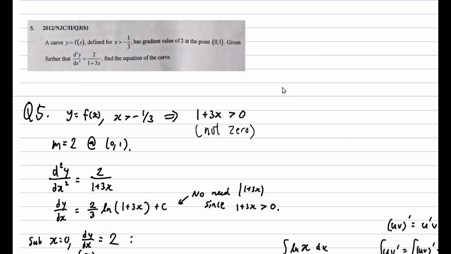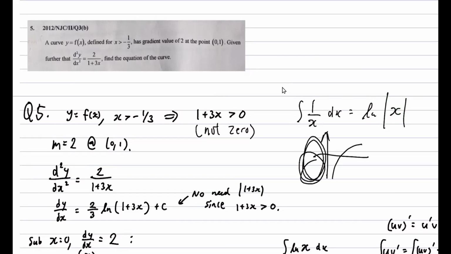Then no need modulus. You don't need to put modulus of 1 plus 3x because 1 plus 3x is already more than 0. Technically, when you take integration of 1 over x, it will be ln of the modulus of x. You need to make sure that the x here is positive. You must have the modulus. If it's negative, ln is not defined. If you remember the ln curve just now, when x is negative, there's no graph.